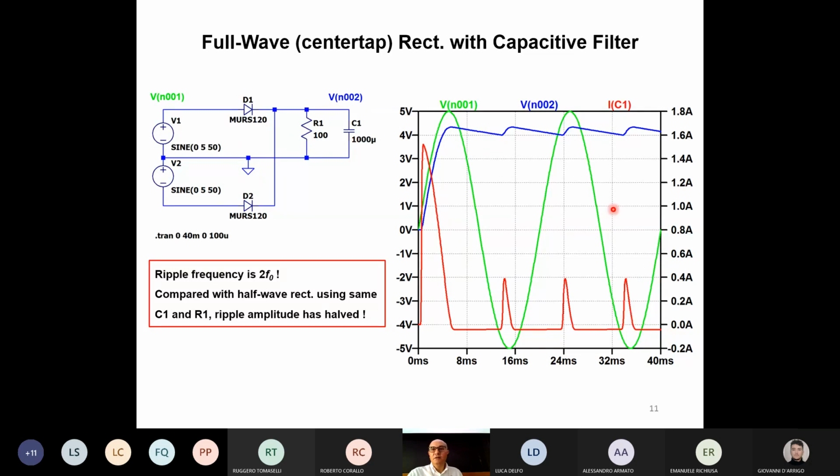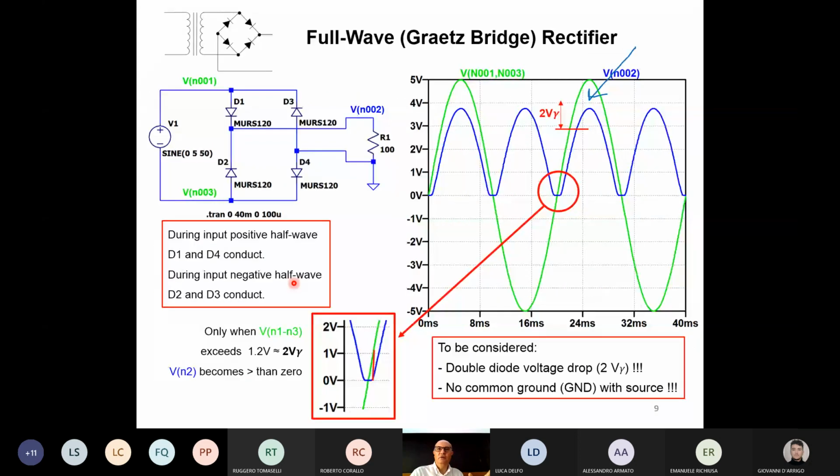Okay? This means that now we have 4 peaks of current in 40 milliseconds. And actually, the frequency of the ripple, the frequency of the peak, is 2 times F0. But that is something that we already saw. If we go back to the circuit without capacitive filter, I go back where?